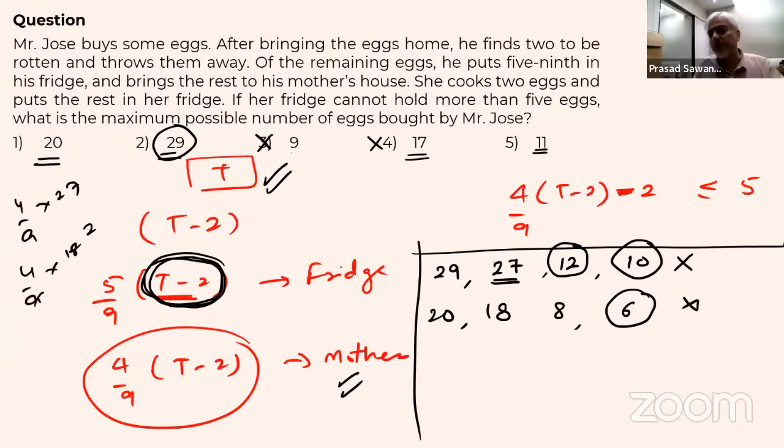Just for checking purposes, in an exam situation, I should go and mark 11. But just for checking, check with 11. 11 minus 2 is 9. 4/9 of 9 is 4. She cooks 2. No problem. And 2 are left over. Possible, less than 5, she can put it in the fridge.